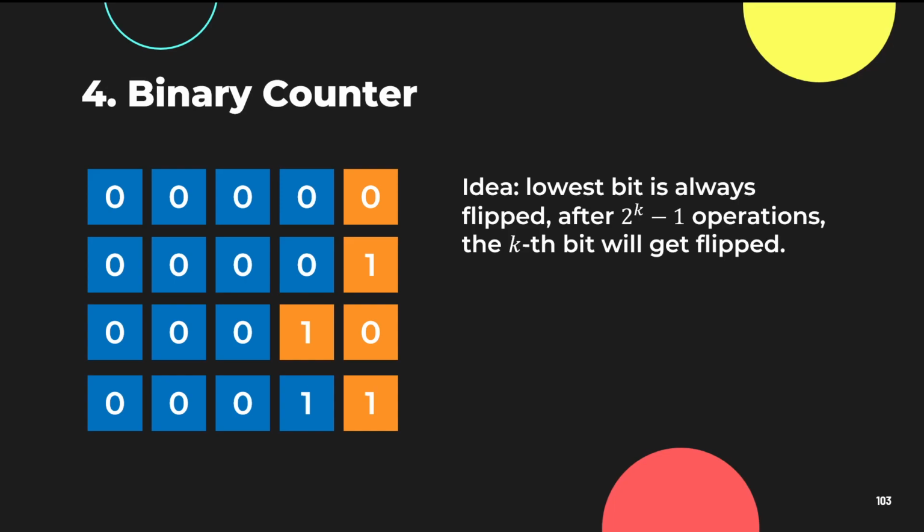I use the opposite notation from the array because I think it's easier to see binary numbers. So when I add another one here, I will need to flip this, and this part gets flipped. You will see that every 4 operations, this will be flipped. Later on, every 8 operations, this will be flipped. Later on, every 16 operations, this will be flipped.